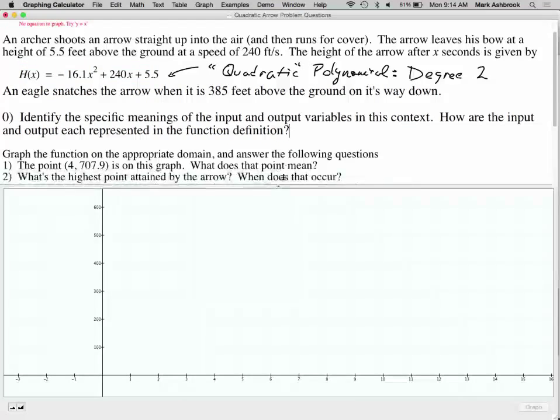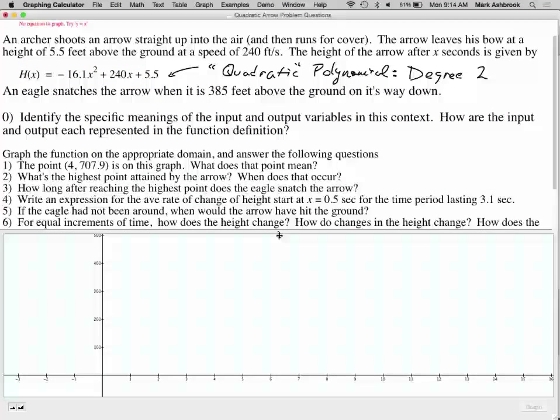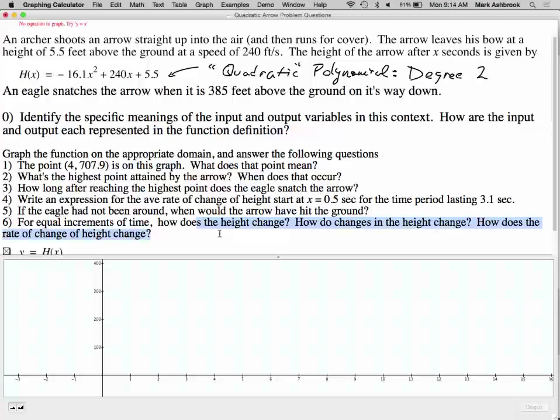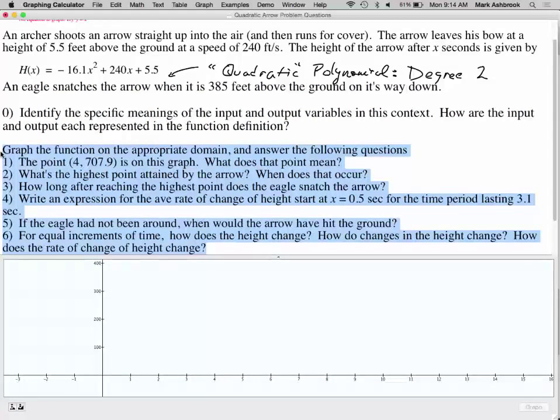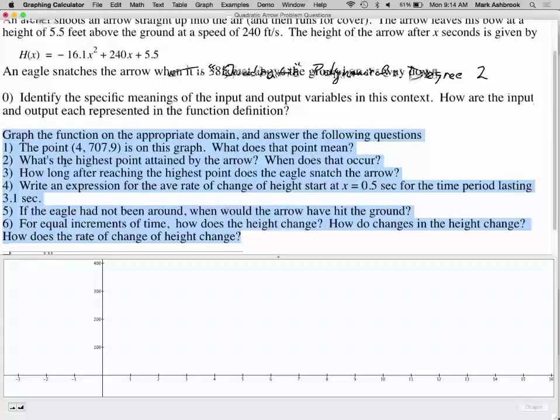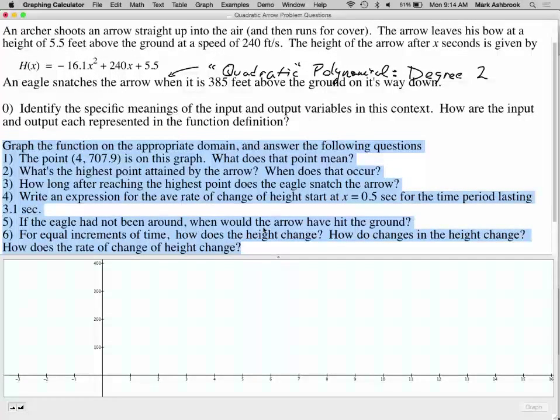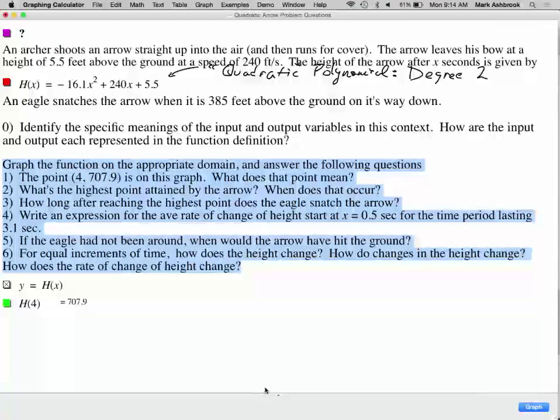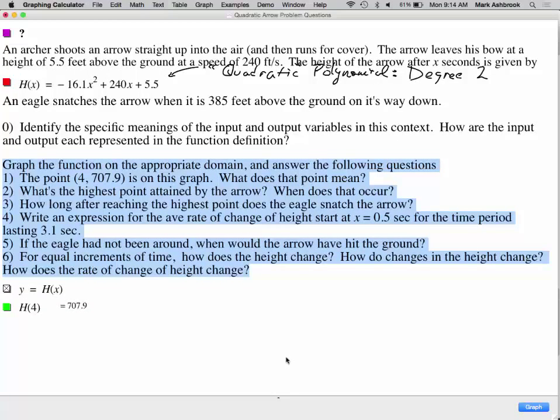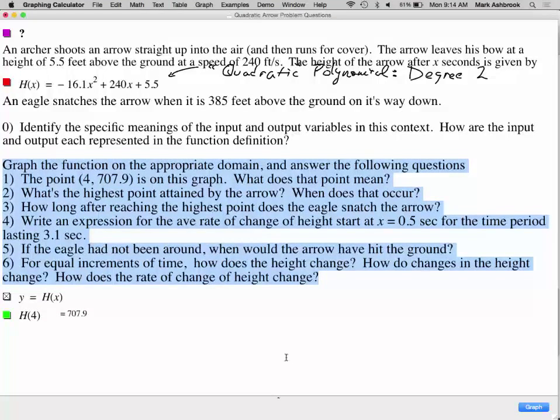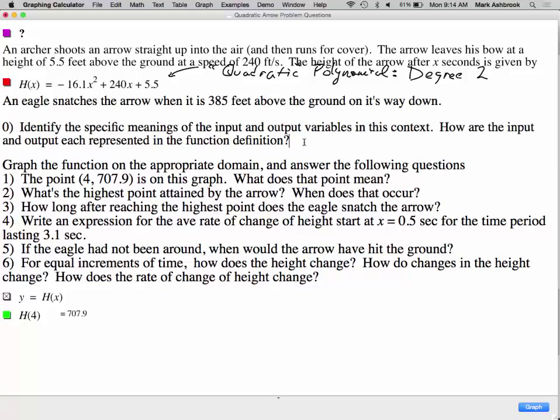And then you're going to graph the function on the appropriate domain.